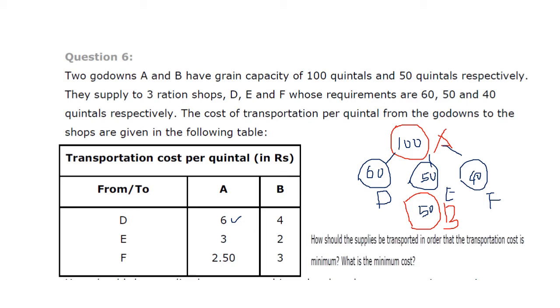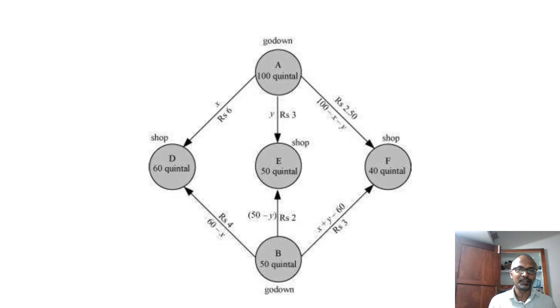What is the minimum cost? They have to be transported from go down A and go down B in such a way that the transportation cost should be minimum, and at the same time all the requirements of the ration shops should be satisfied. Let us see the diagram in detail.